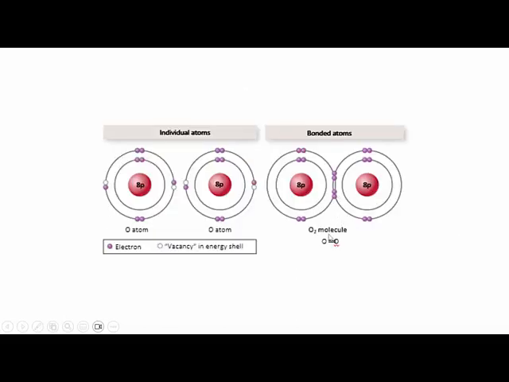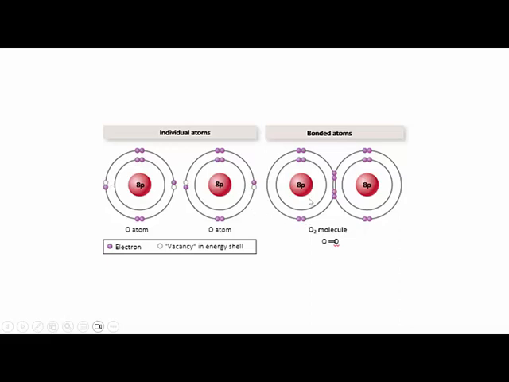This is molecular oxygen, the kind of oxygen we find in the air, called O2. And oxygen atoms form O2 in order to fill up their outermost shell. Both of these atoms of oxygen require 2 more valence electrons.